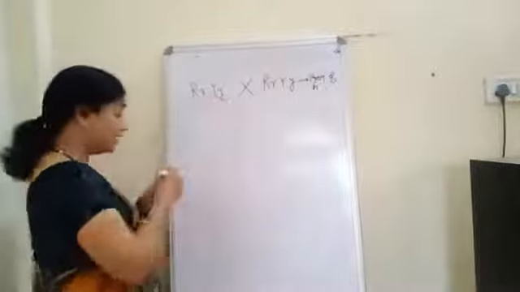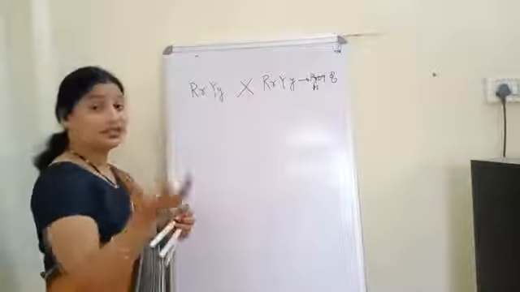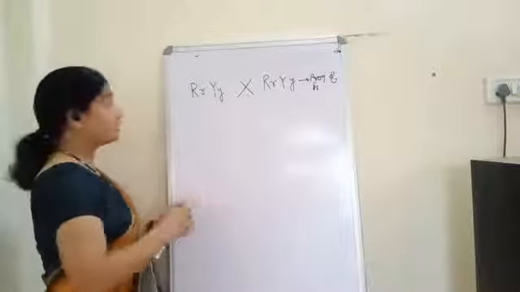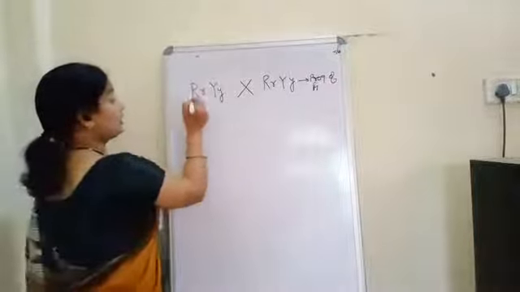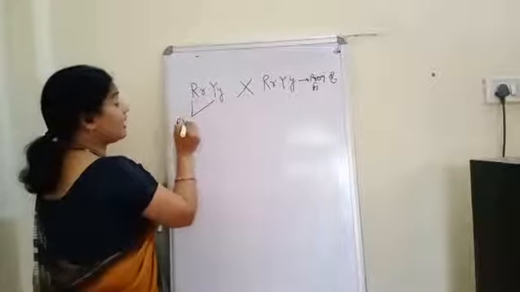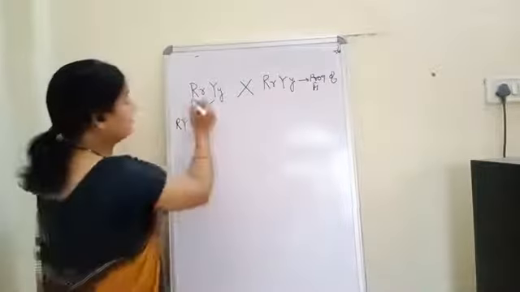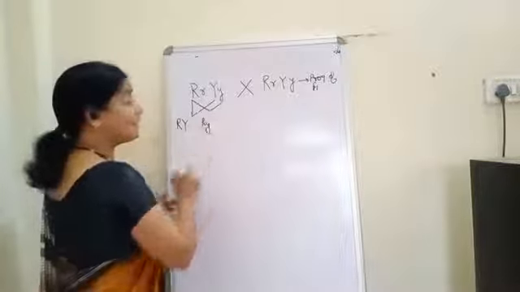Now we have to take their gametes. In the first cross it was easy to find the gametes. Now see how we can find the gametes here. We can take the gene of round and yellow, or we can take round and green.